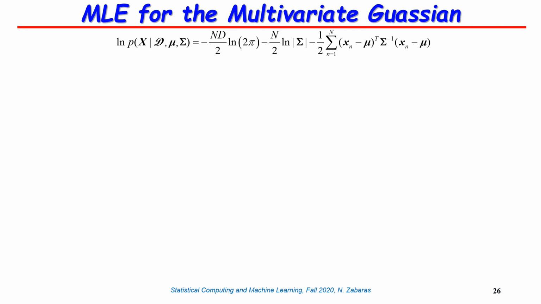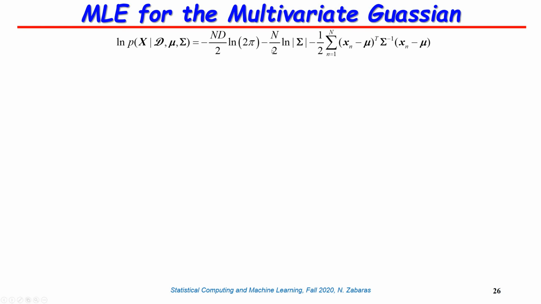Once we have the MLE estimate for mu that you saw in the earlier slide, we want to compute the MLE estimate for sigma. We're going to have to take derivatives with respect to sigma, but because there is sigma inverse here, it may be easier to take derivatives with respect to sigma inverse. You may say, I don't see a sigma inverse here, I see the log of the determinant of sigma.